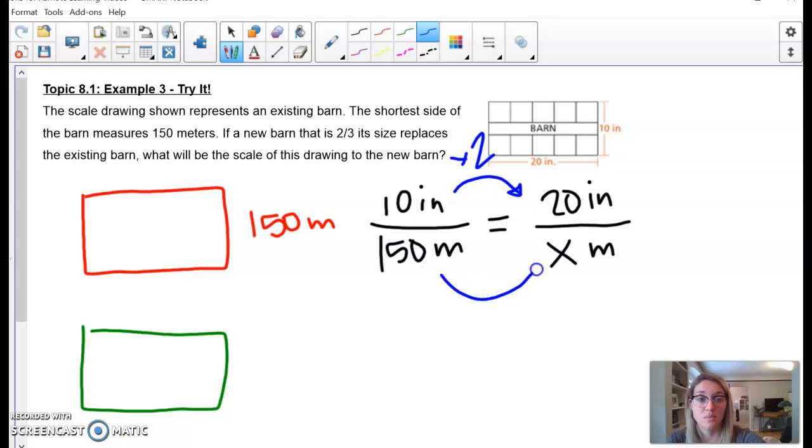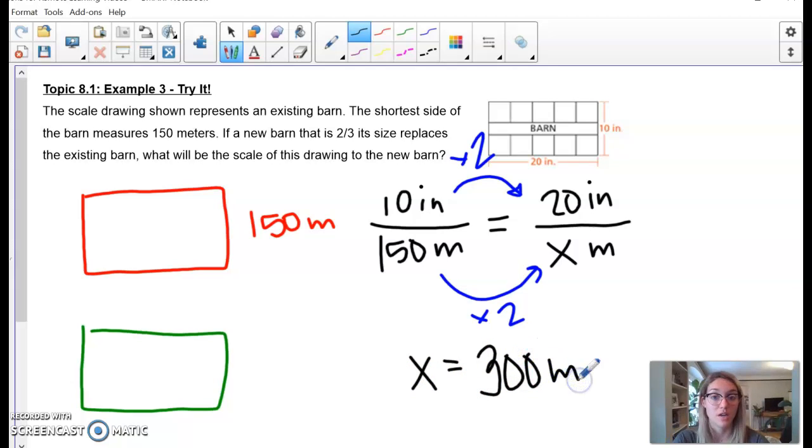So then I'm going to do the same to the bottom. I'm going to multiply by 2. And 150 meters multiplied by 2 is going to end up being 300. So X is going to be equal to 300 meters, which means that the length of the actual barn, the existing barn, is 300 meters.